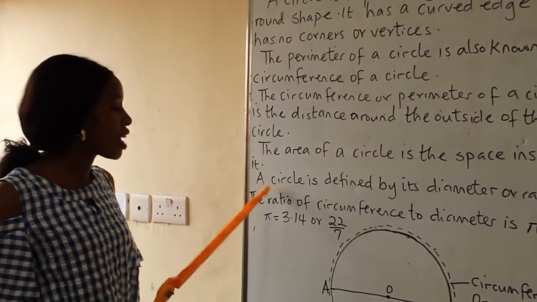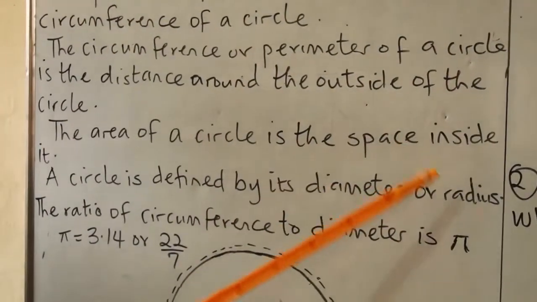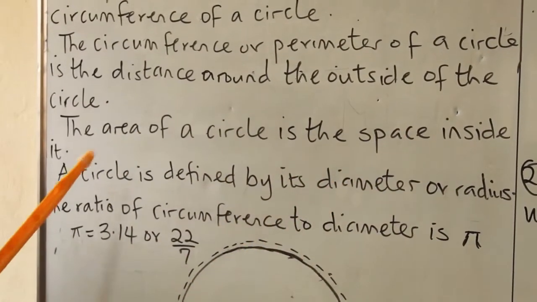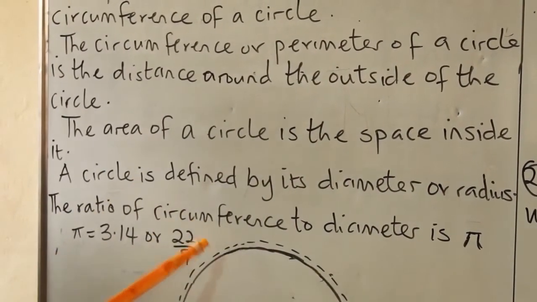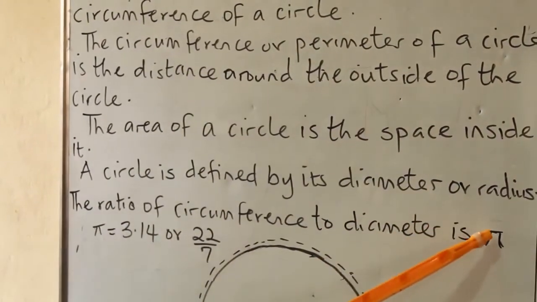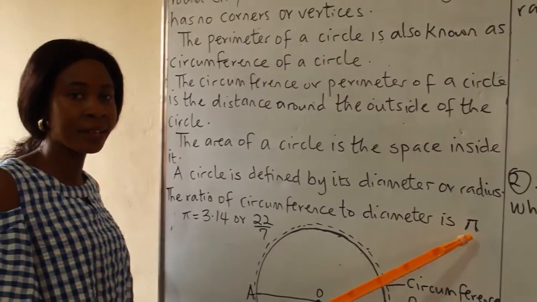A circle is defined by its diameter or radius, and the ratio of circumference to diameter is represented by this symbol. This symbol here is called pi.